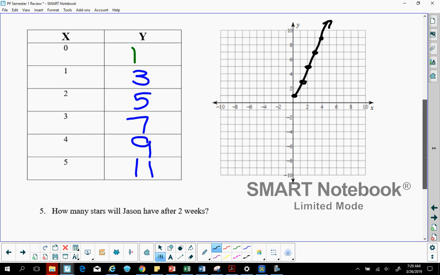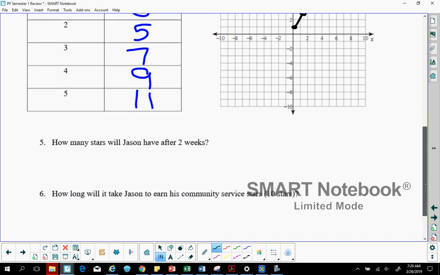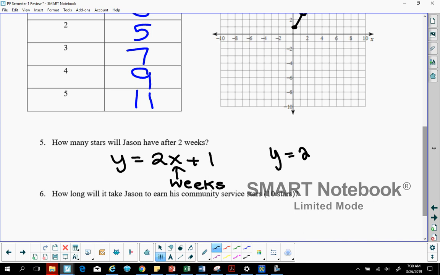And then the last one, how many stars does he have after 2 weeks? So we know he earns 2 stars per week, and our equation is y equals 2x plus 1. We already came up with that. If it's 2 stars per week, that means my x stands for weeks. So what am I going to be plugging in for x? 2. So instead of x, I'm going to plug in 2.